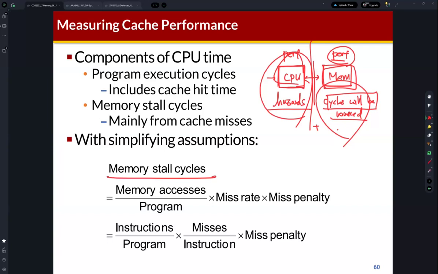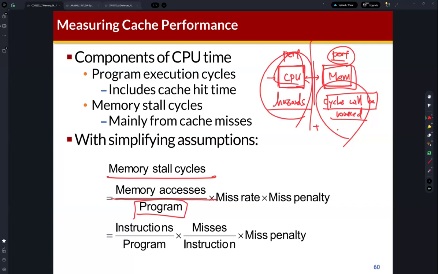This is just a very simple assumption, right? In a program, among our entire instructions, we can count the number of memory accesses. The memory is accessed for instruction fetch, right?